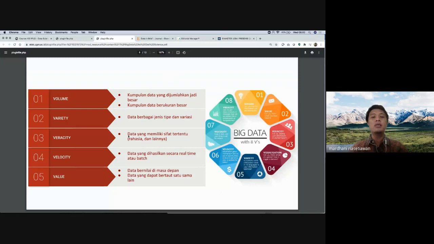The example is the collection of Twitter posts. A social media collection is mostly big data. And then we also have a collection where the number of files is not as many as the previous one, maybe only 1, 5, or 10 files, but the size of each file is very big.